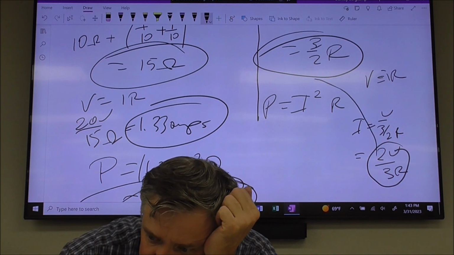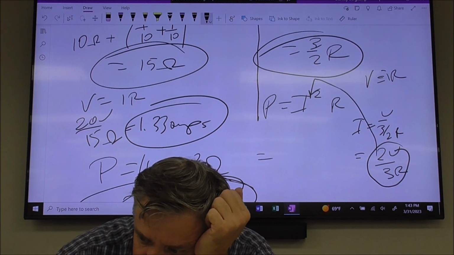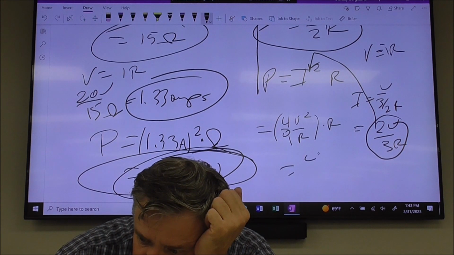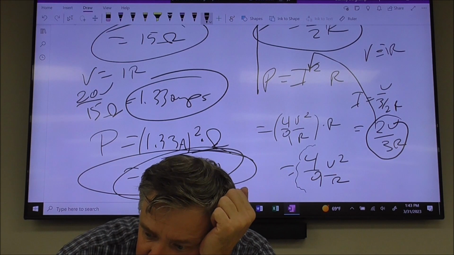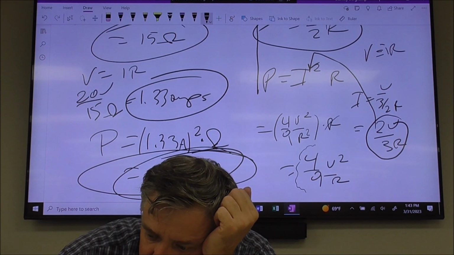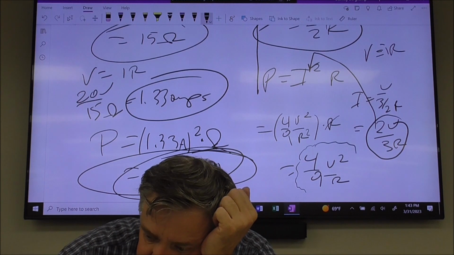Now if you take that and put that in here, that's going to get squared, so you get 4/9 V squared over R squared times R, and then you get 4/9 V squared over R. Wouldn't the R's cancel? No, because that's R squared. I gotcha. So that's where that comes from.